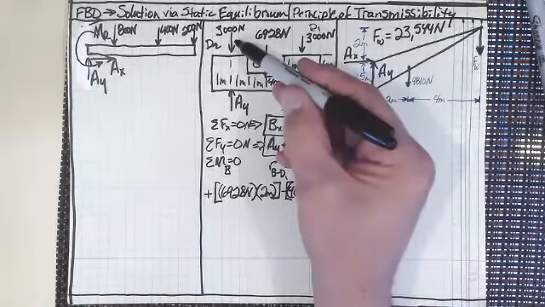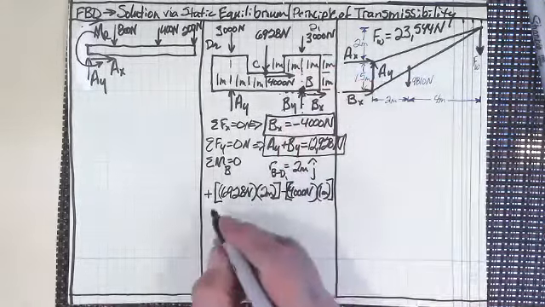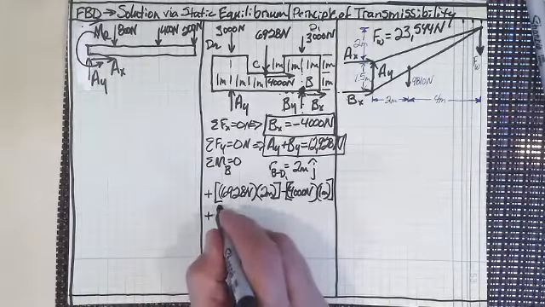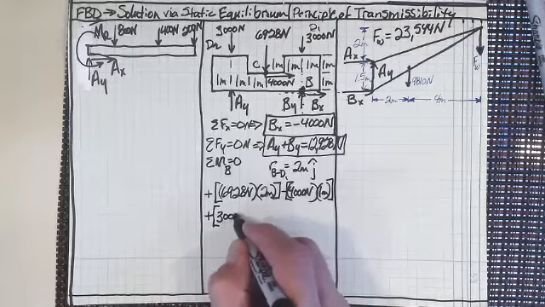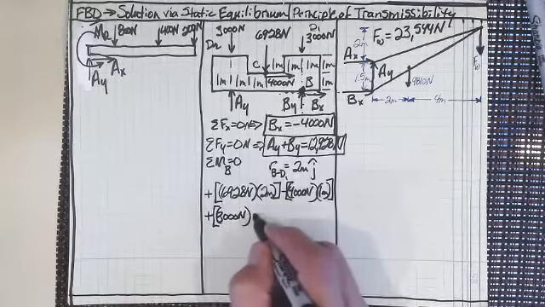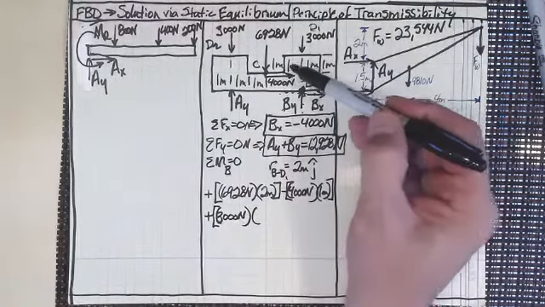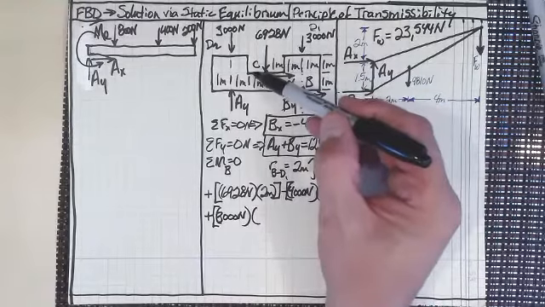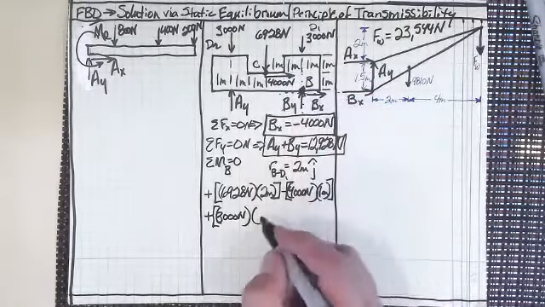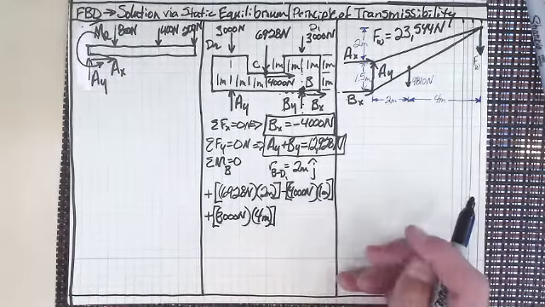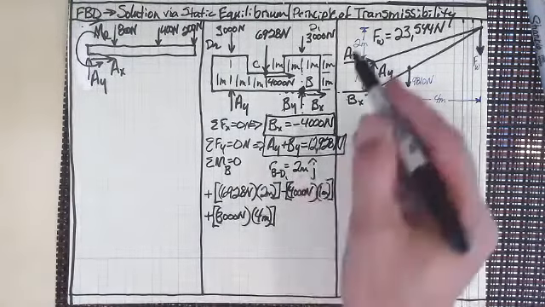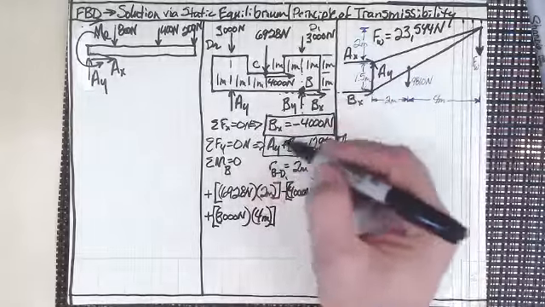How about this 3,000? Isn't that tending to go counterclockwise? So that would be a positive, and that would be 3,000 newtons. And then how far off am I? 1, 2, 3, 4. 4 meters. Right? Counterclockwise. Do we have any more?